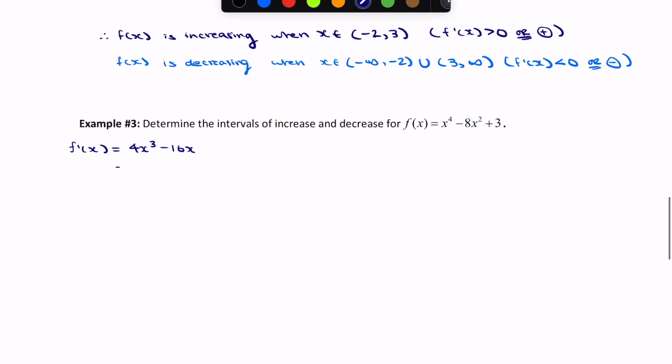Here we can factor out 4x. We'll be left with x squared minus 4. Further simplify x squared minus 4, since it's a difference of squares, and we'll be left with 4x times x minus 2 times x plus 2.